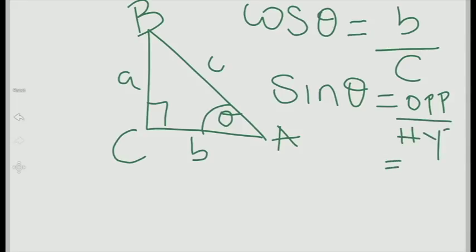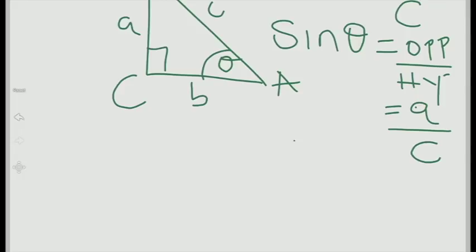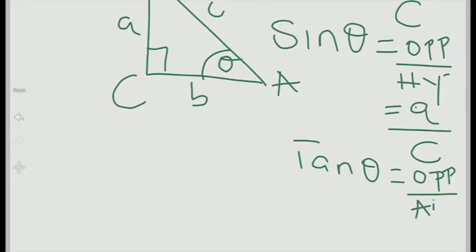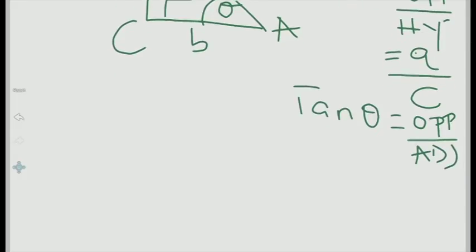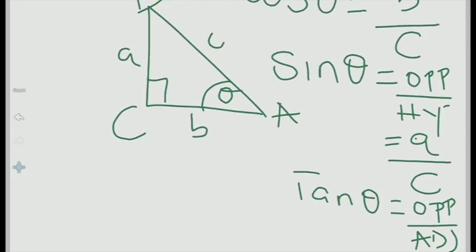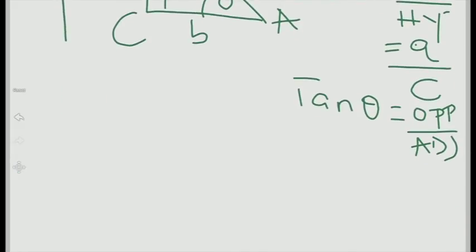The opposite of angle theta is A, and the hypotenuse is C. And then the tangent of angle theta is equal to opposite over adjacent. The opposite is A, and the adjacent is B. So for tan you have A over B.